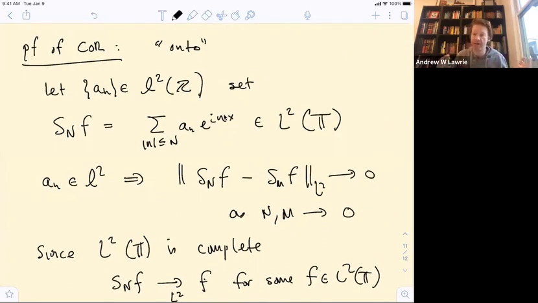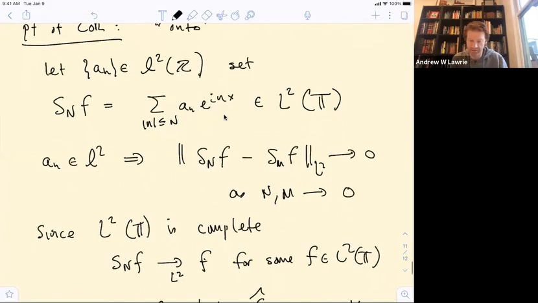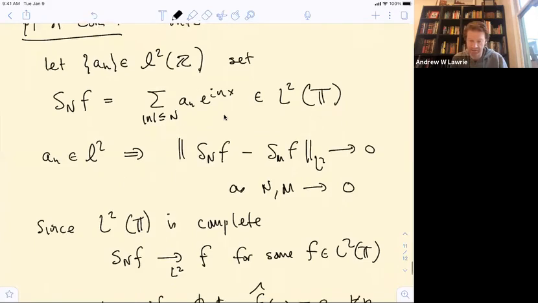At the beginning of class we proved that the map was one-to-one, so all the stuff from the beginning of class still applies, and the last missing ingredient is onto, and this is how you prove onto.